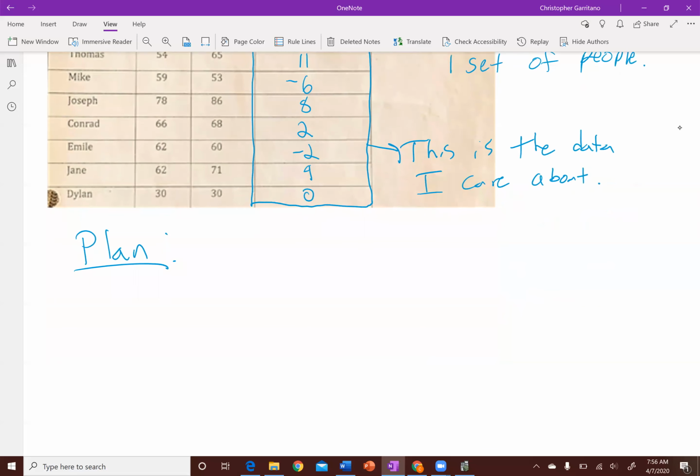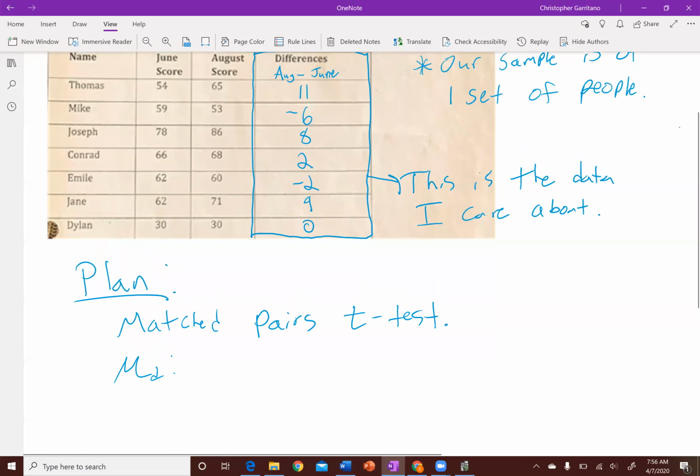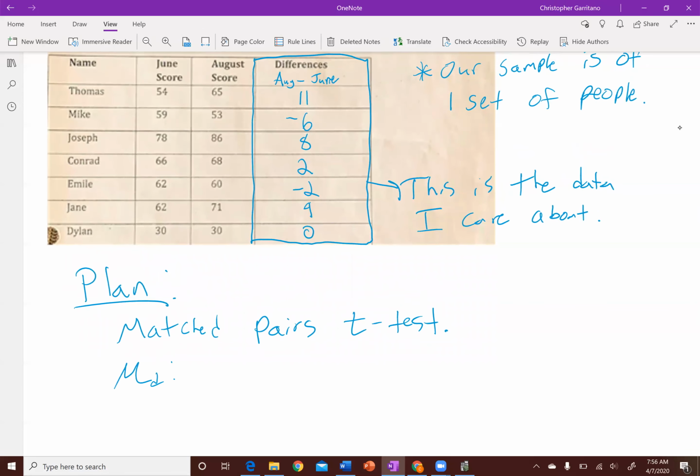All right, so let's go ahead and run the whole thing. The plan, of course, like I mentioned, this is a matched pairs t-test. In a matched pairs t-test, the parameter that we're interested in is typically called mu sub d. Now, d for difference, and what I'm talking about is, well, in this list of differences, I don't necessarily care about any individual difference.